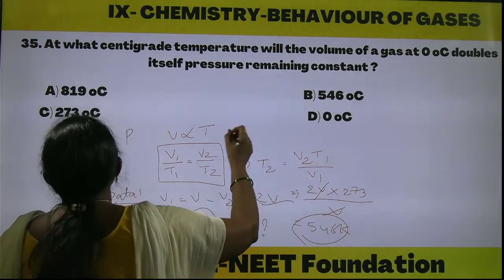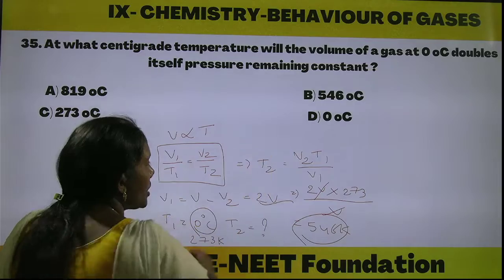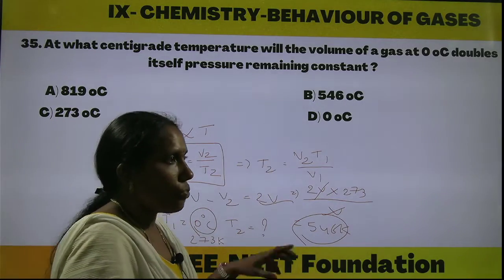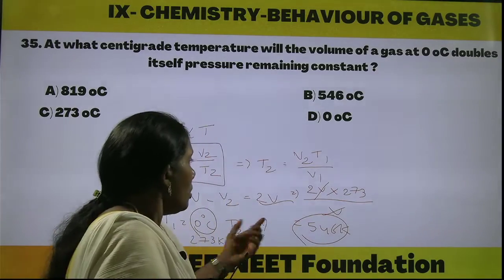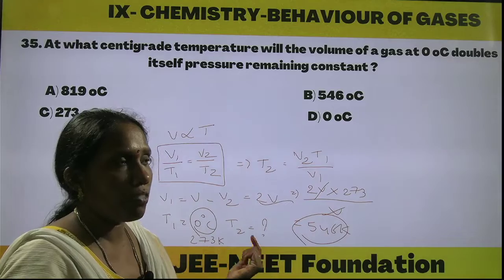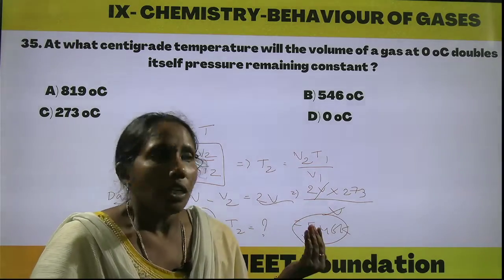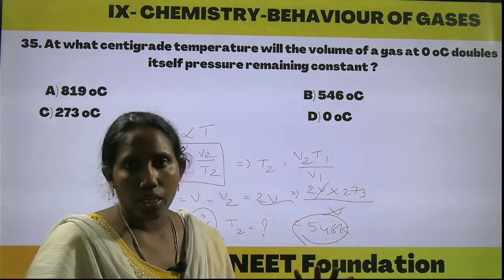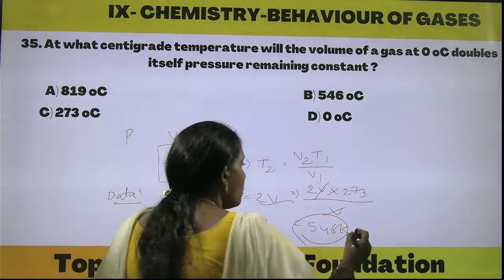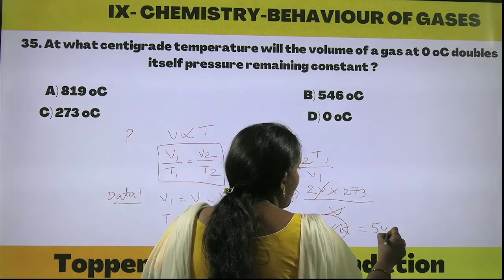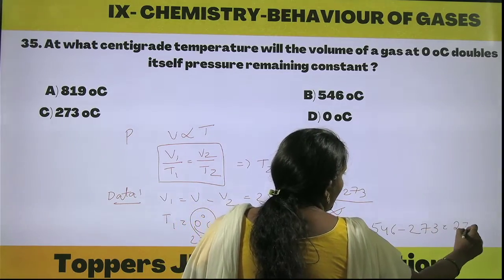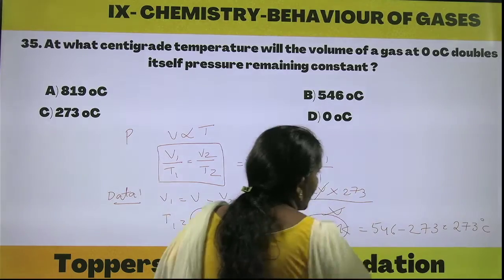So I will go with 546 Kelvin. All the answers are given in degrees Celsius, so we have to convert Kelvin into degrees Celsius. Already while doing the previous problem, we discussed how to convert Kelvin to degrees Celsius by subtracting 273. So 546 minus 273, obviously it will be 273 degrees Celsius.